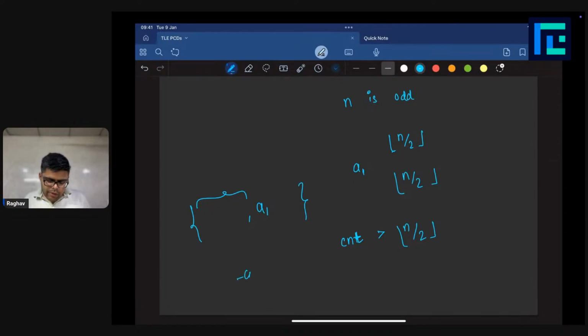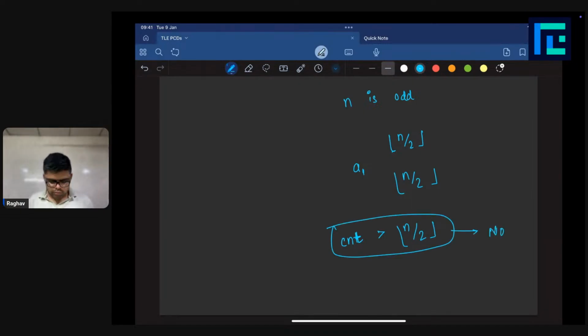And if you keep the negative value of a1, you will have more people on the bigger side. So again, a1 cannot become the median. So our solution in this case will be a straight away no, right?